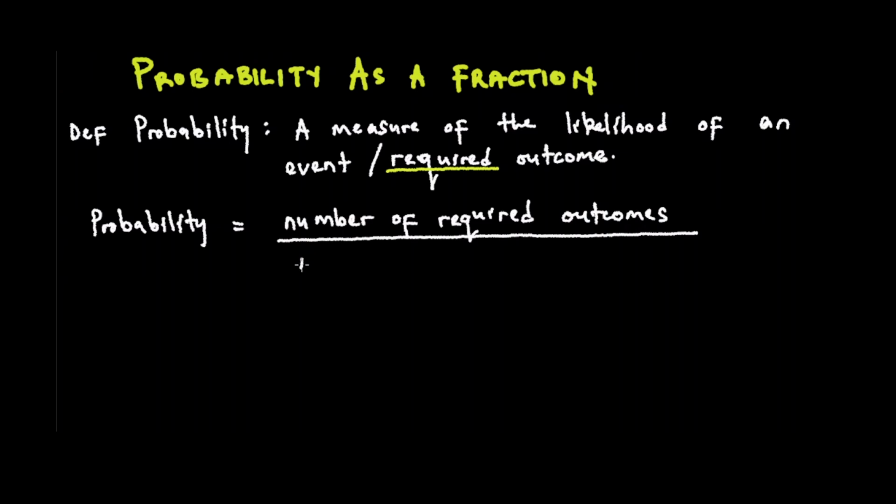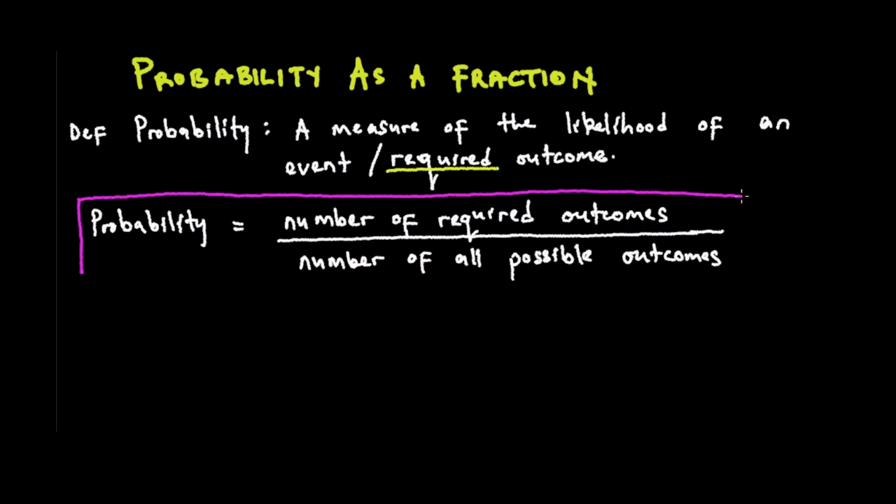Number of all possible outcomes. We differentiate between what we refer to as a required outcome, then we have all possible outcomes. Let me box this. It's a very important mathematical relationship which you should know.